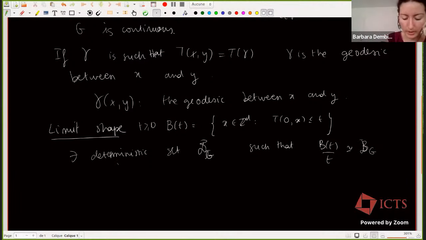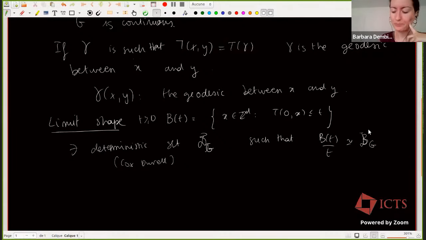This was first proved by Cox and Durrett. So it says that if you wait long enough, the shape is no longer random at first order, but really looks like something deterministic.